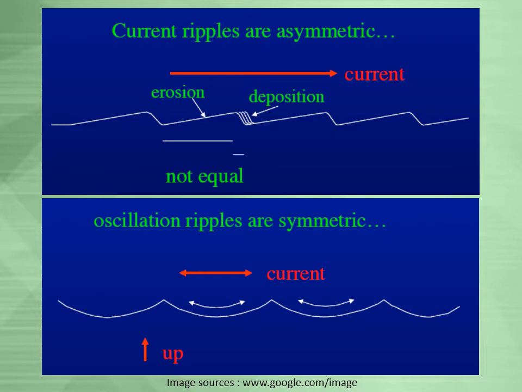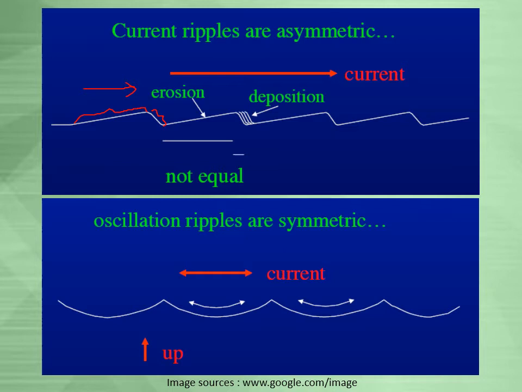Now in this picture you can see the transverse section of those ripples. In the transverse section of an asymmetrical ripple, the stoss side length is greater than the lee side length, and the inclination of the stoss side is gentle, whereas the lee side is steeper. So flow direction is from stoss to lee, that is, in this figure from left to right.